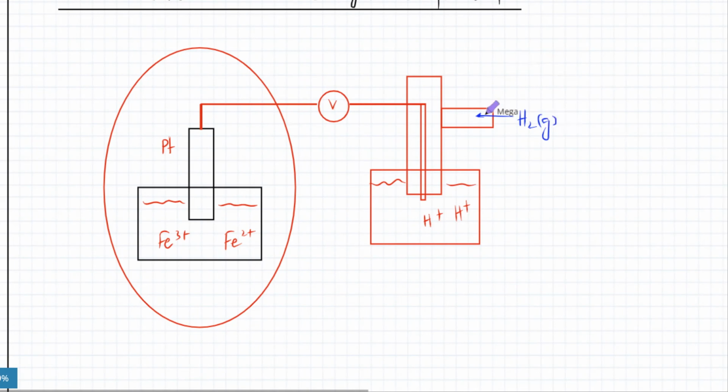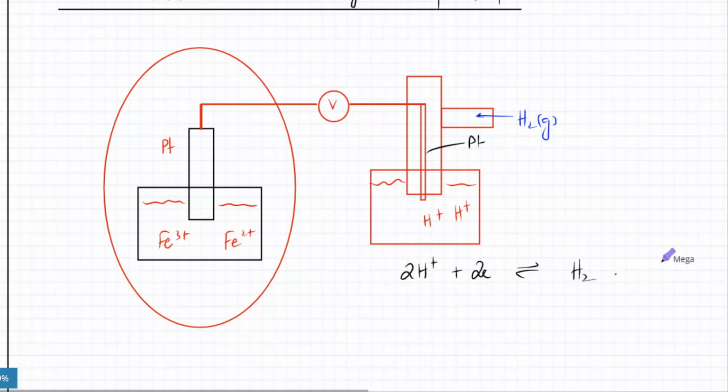So that's hydrogen gas coming in. This is a platinum electrode. And the equilibrium that is set up over here is 2H+ plus 2 electrons, in equilibrium with H2 gas.